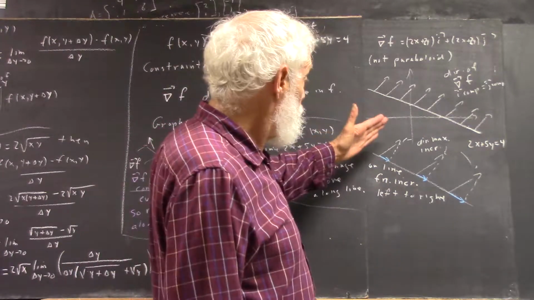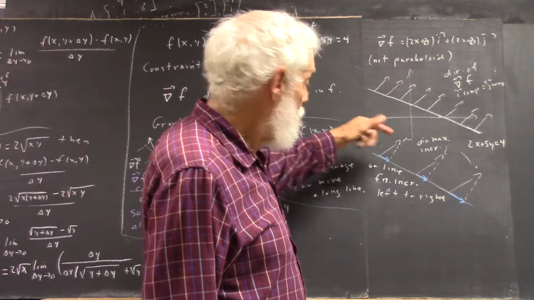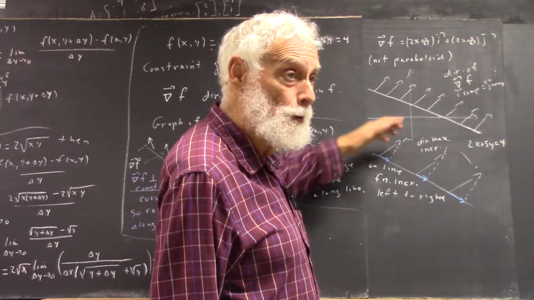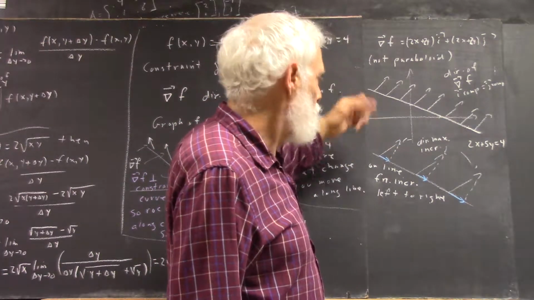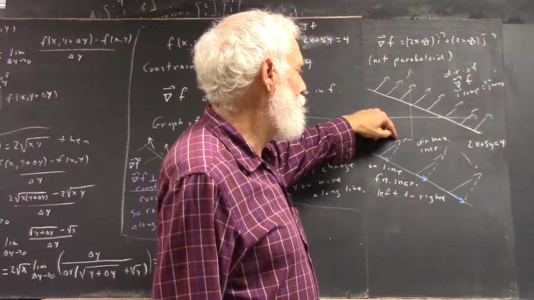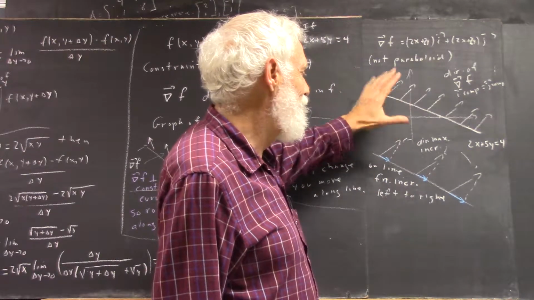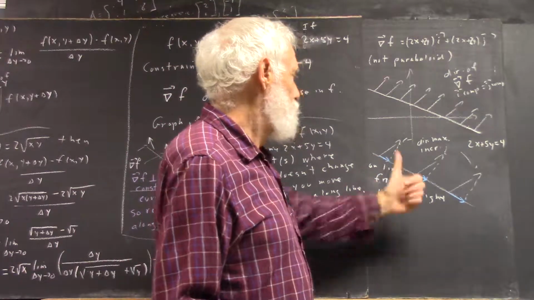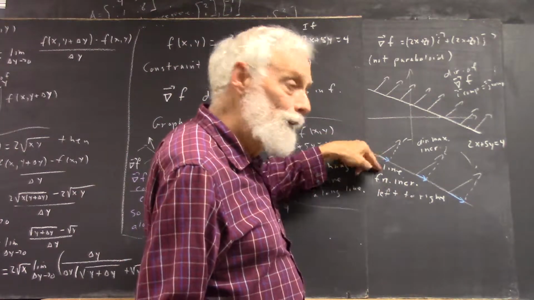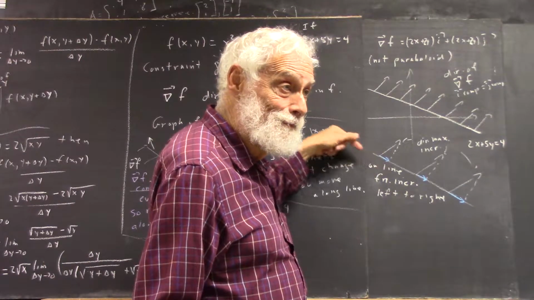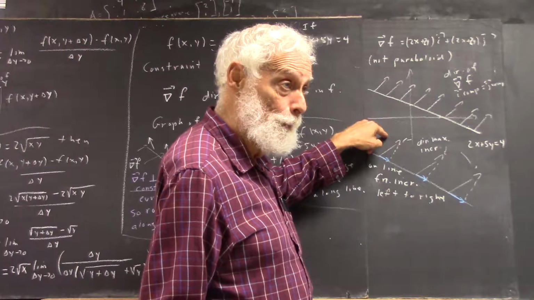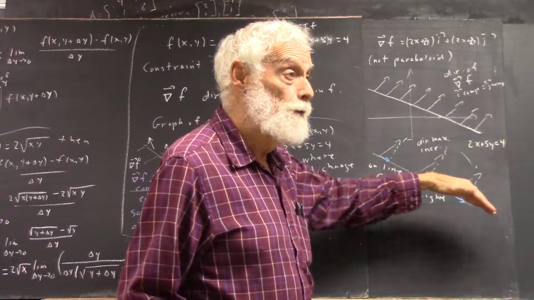So in any direction that has a positive component in this direction, where the projection doesn't go backwards, where this thing makes less than a 90-degree angle, any direction that makes less than a 90-degree angle with this thing, the function's going to be increasing.